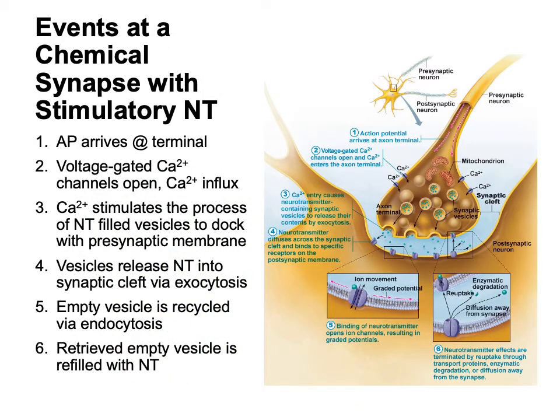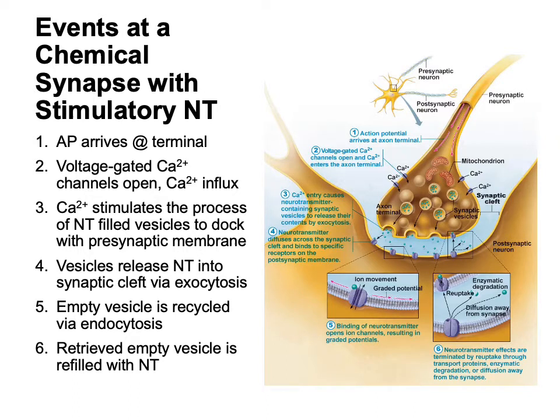Events at a chemical synapse with a stimulatory neurotransmitter. Now, we've covered this a lot in the past, but you will be expected to know when these events occur and what's happening. So when an action potential arrives at the end of the axon terminal, it will open voltage-gated calcium channels, and this will allow an influx of calcium into the axon terminal.